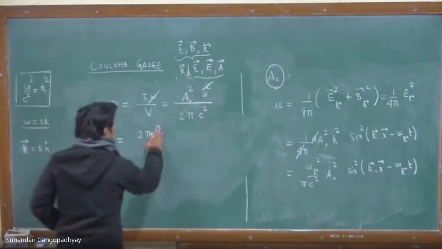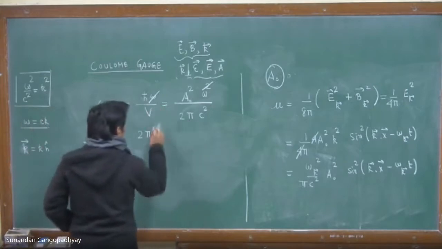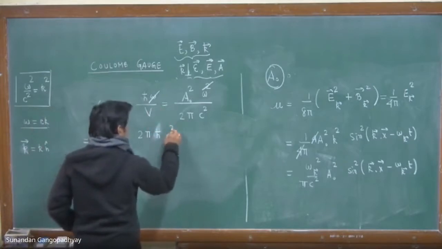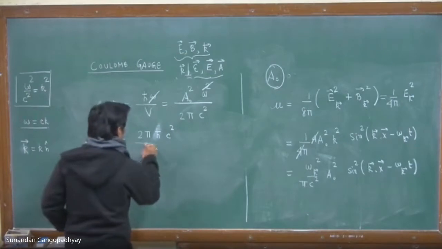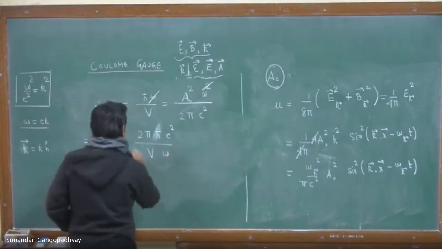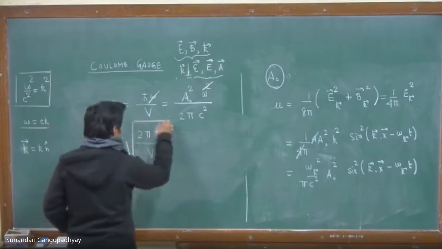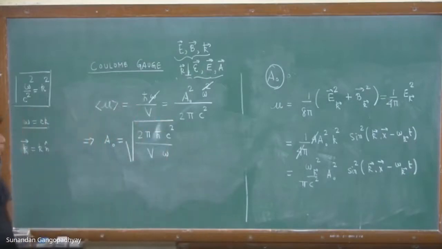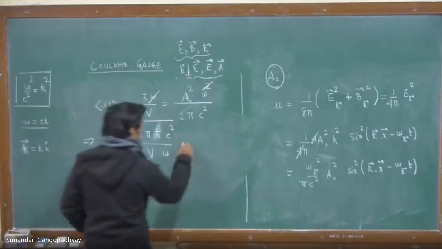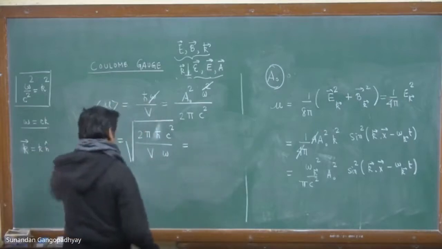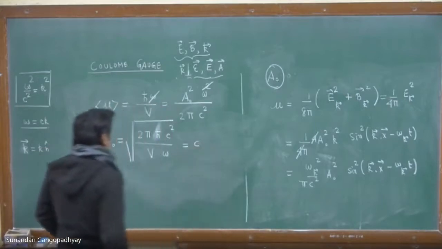2π ħ c² by volume V, and ω, square root. So you have a nice expression for this, and you can write this in a nice way.